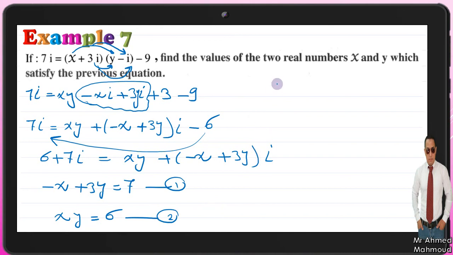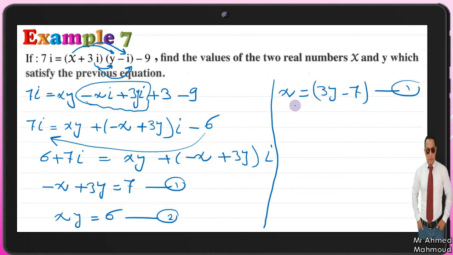We have studied this concept or these two equations in the third prep. Okay, here from this one we get that by sending x here and 7 here, then x equals 3y minus 7. This is the first equation.